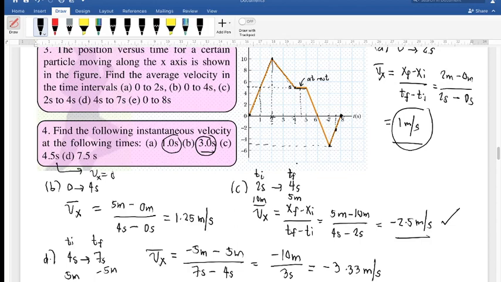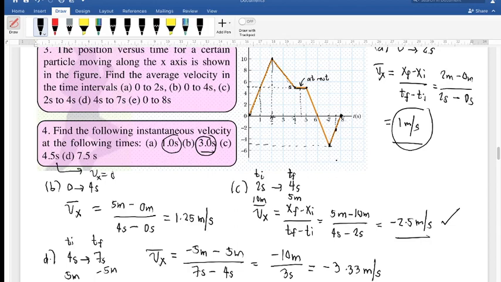So remember ha, you can actually get the interval lang from a constant. So for example, dito at saka dito lang yung dapat kukuhanin mo for instantaneous velocity kasi constant ito. Same lang yan sa 7 to 8. I use 7 to 8 kasi constant ito, at saka yung 7.5 is between 7 and 8.